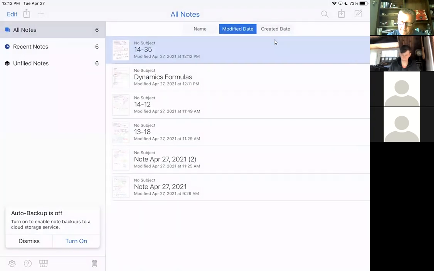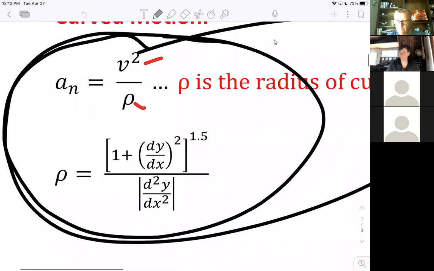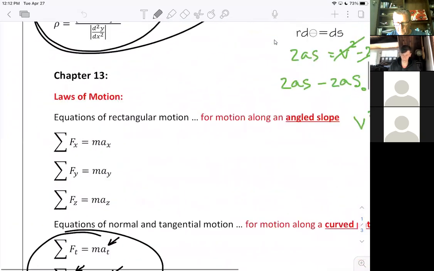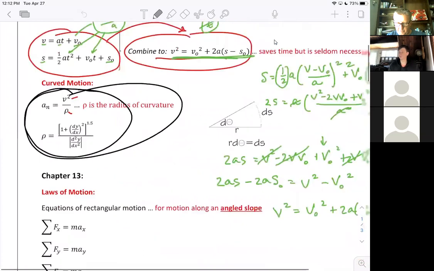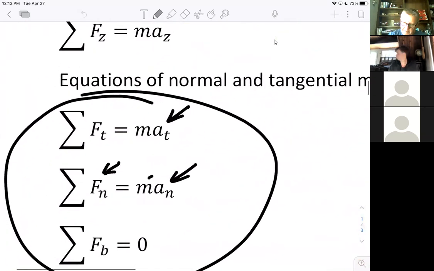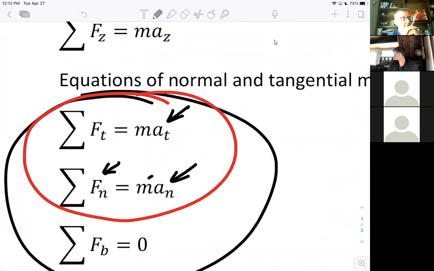Let's see, what else could I figure out? Well, I figured out everything that pertained to curvature. So now I'm looking at these. And as I said before, we're going to need these two equations now because I was asked specifically about this and about this. So it makes me think I need to get those involved.